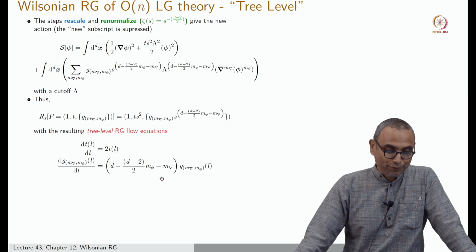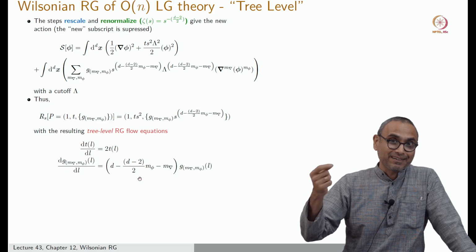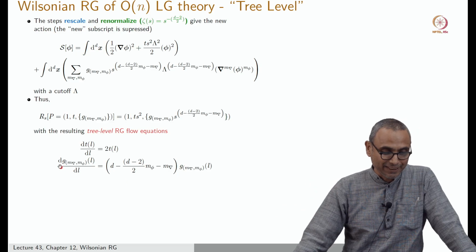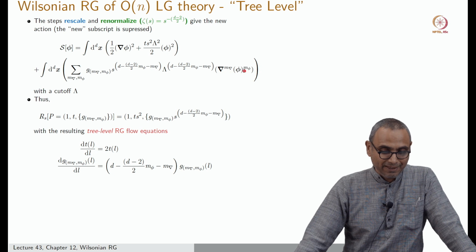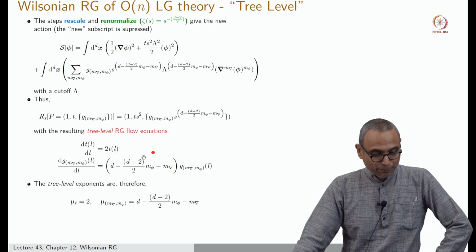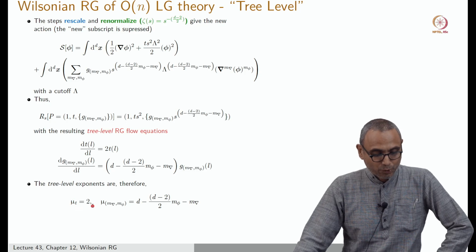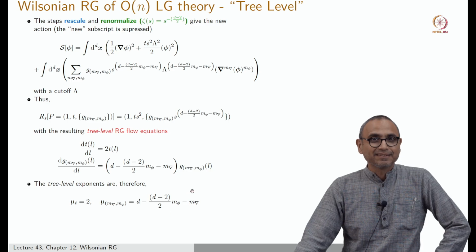Okay, so we have figured out what are the dimensions or what are the critical exponents corresponding to these operators dm phi and gradient to the power m nabla phi to the power m phi. So the tree level exponents are mu t equal to 2 and mu m nabla m phi is equal to this.